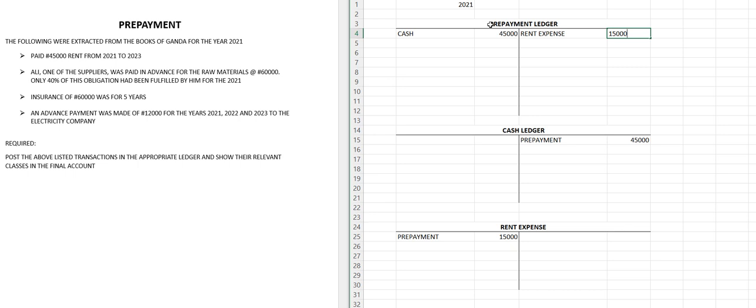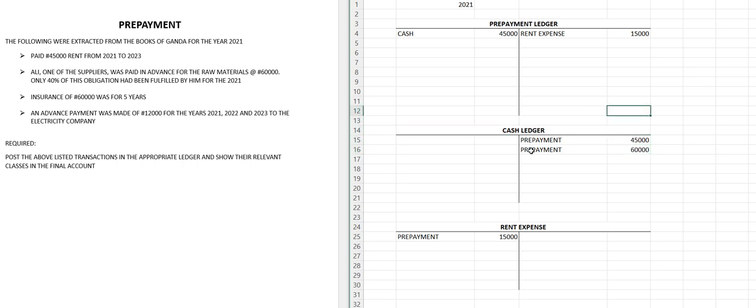The next one is Ali, one of the suppliers, who was paid in advance for the raw material. So it was paid in advance. Cash gives to prepayment 60,000.